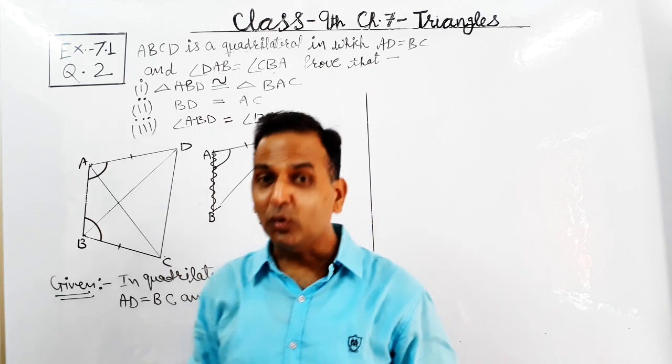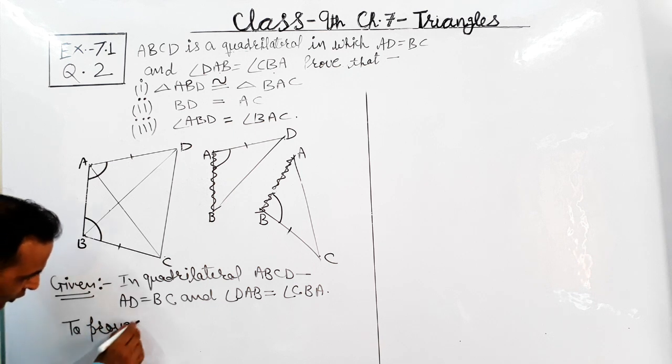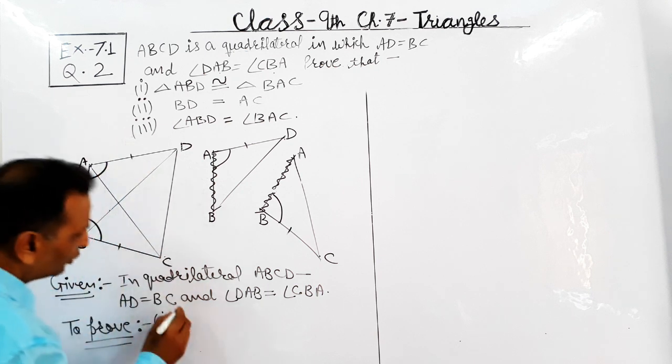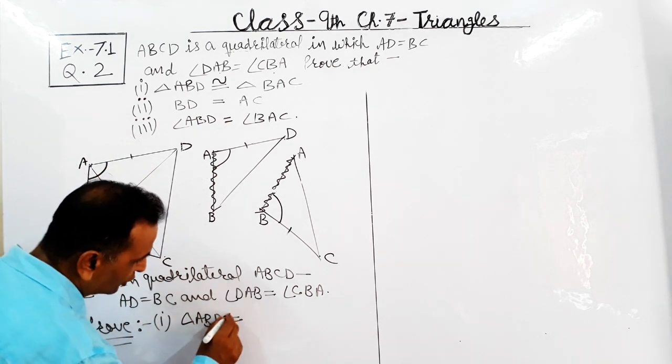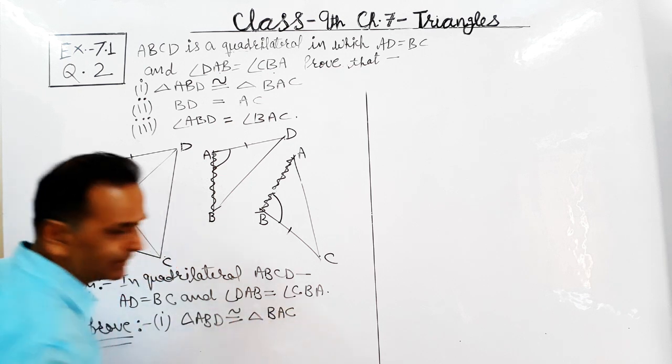And now to prove. In this step, we know very well the results which we have to show will be mentioned by us. Part first, we just copy, you can say, triangle ABD is congruent to triangle BAC, it is to be proved by us.